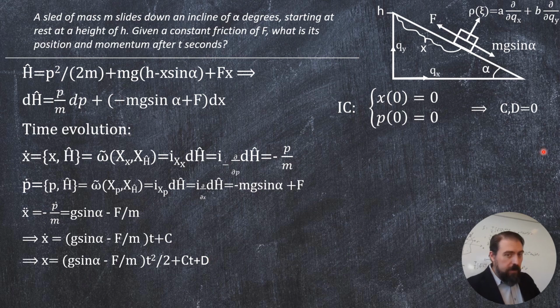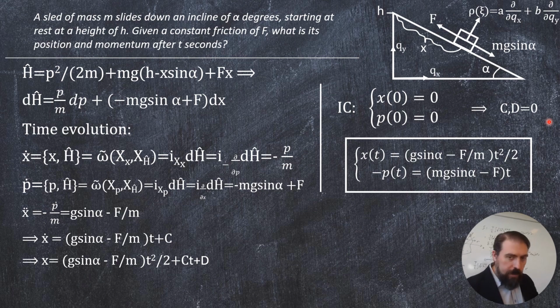And we plug in some initial conditions. In the beginning, we were up here, so x of 0 was 0, and we started at rest, so p of 0 is also 0. And plugging that in here we will quite easily see that c and d need to be 0, and we arrive at our final solution. x of t equals g sine alpha minus f over m, t squared over 2, and minus p of t equals m g sine alpha minus f times t.